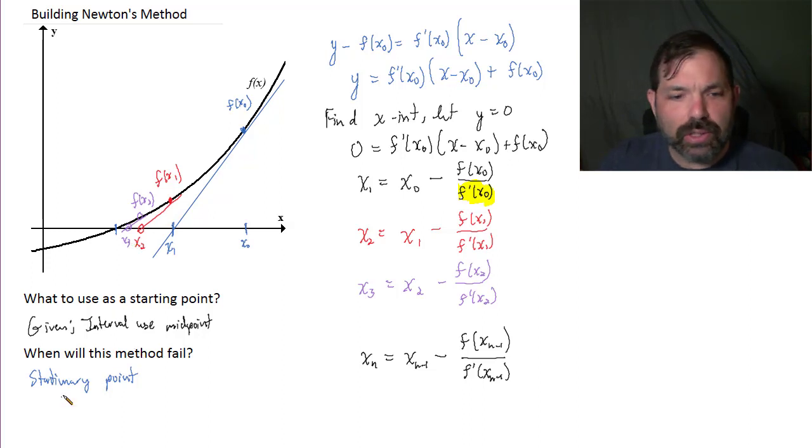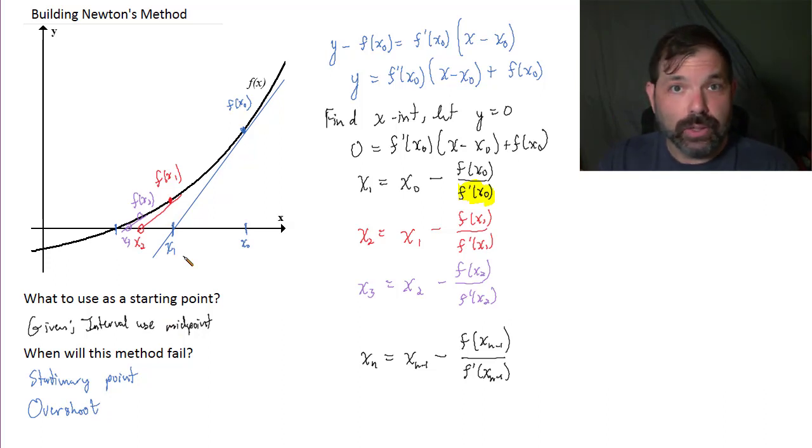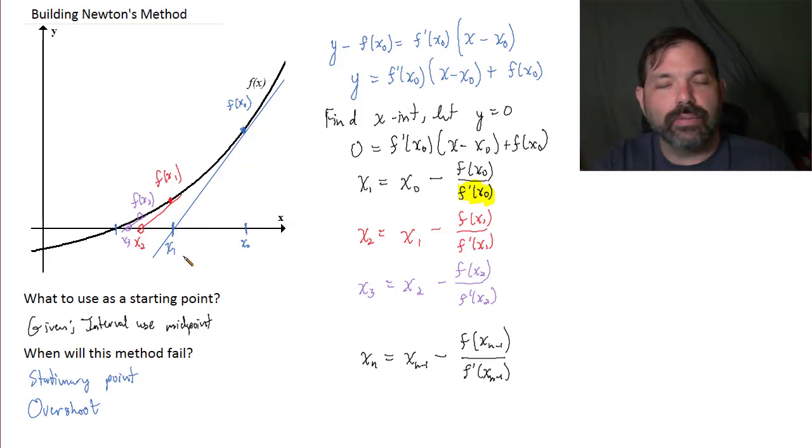Another situation that we could sometimes come across would be what's called the overshoot. Often what happens with this is we'll end up getting that the x-intercepts, the subsequent x values, keep on oscillating, going from positive to negative and positive to negative, and don't converge. There's a good example of this in Paul's Online Notes for this topic.